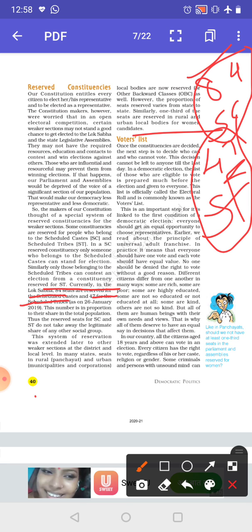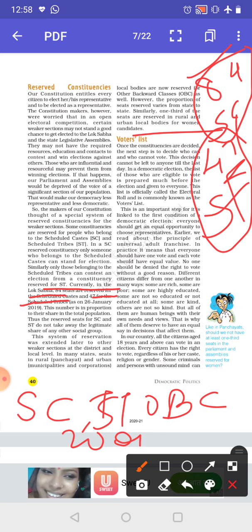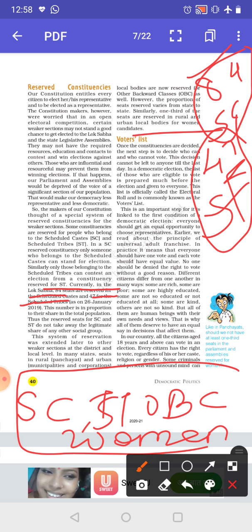So reservation is given to SC, ST, OBC and women candidates. They have a proportional reservation at the Lok Sabha level, the state assemblies level, the rural panchayat level and urban local governance.